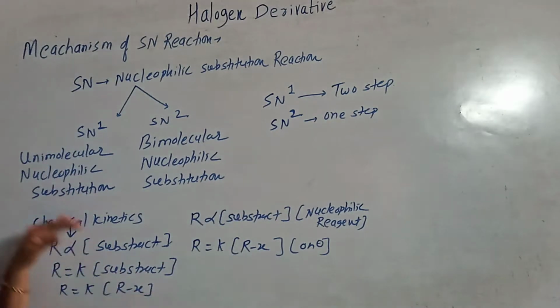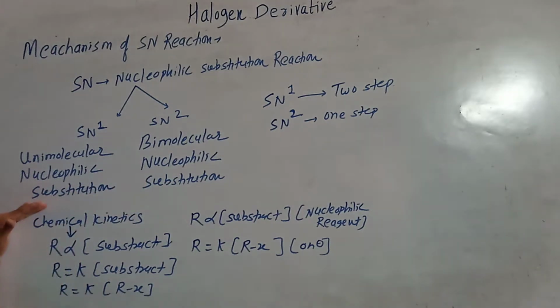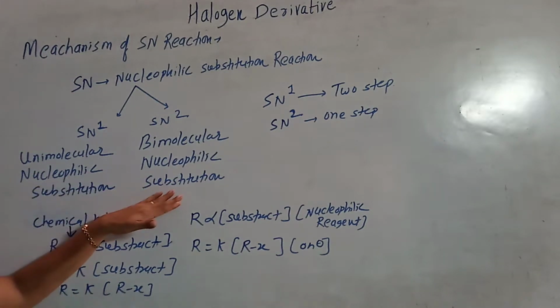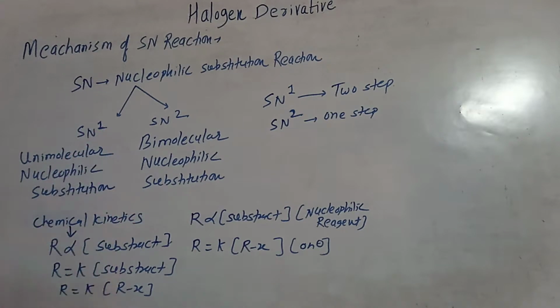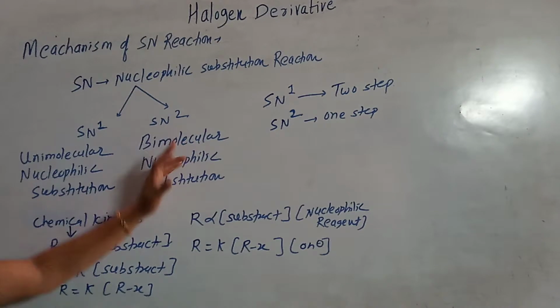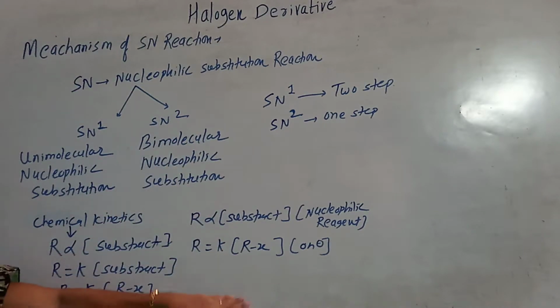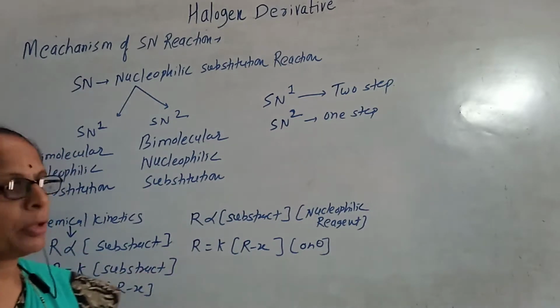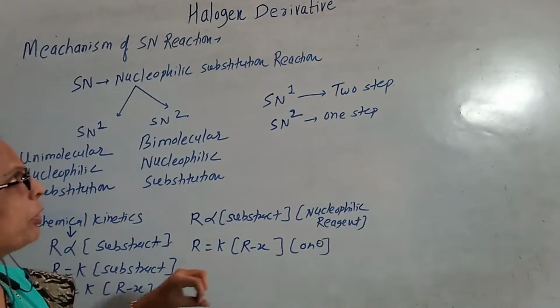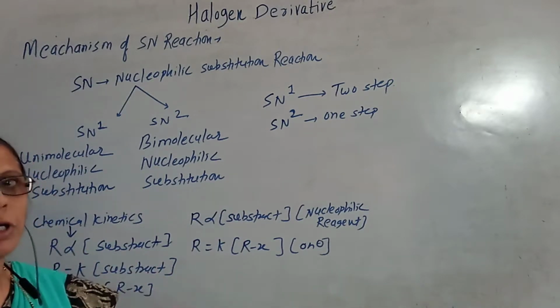The 1 indicates the rate depends on only one species, the 2 indicates it depends on two. SN1 is two-step and SN2 is one-step. This is the basic idea of nucleophilic substitution reactions.